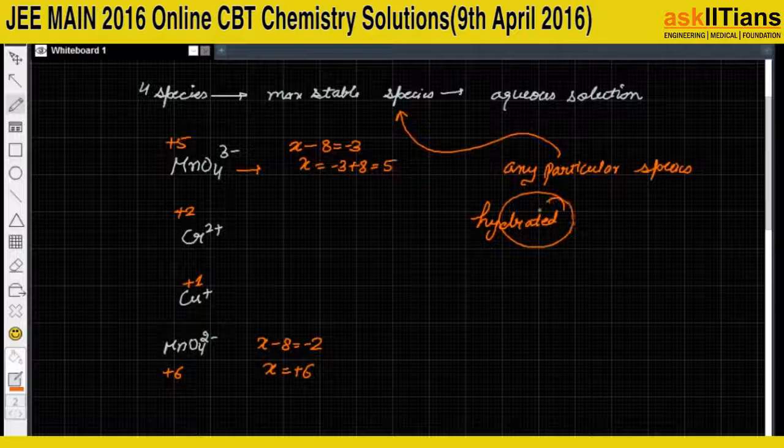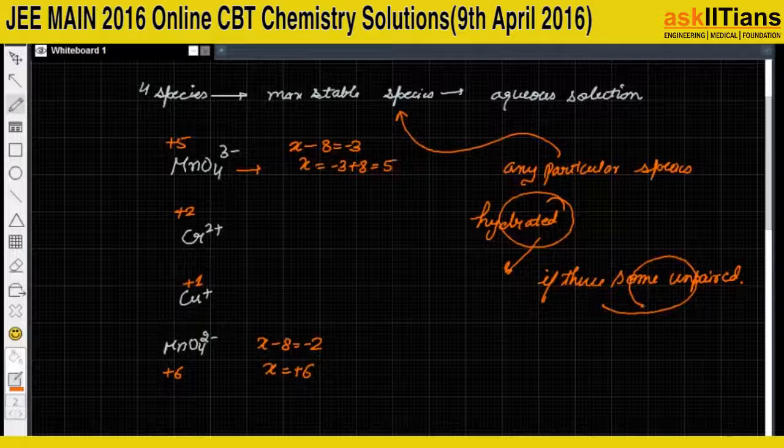And for the hydration of the species, you need to check if there are some unpaired electrons. If a particular compound or the central atom has a certain number of unpaired electrons, then the hydration of that species is easy, and if the species is more hydrated, we can say that the species will be more stable.